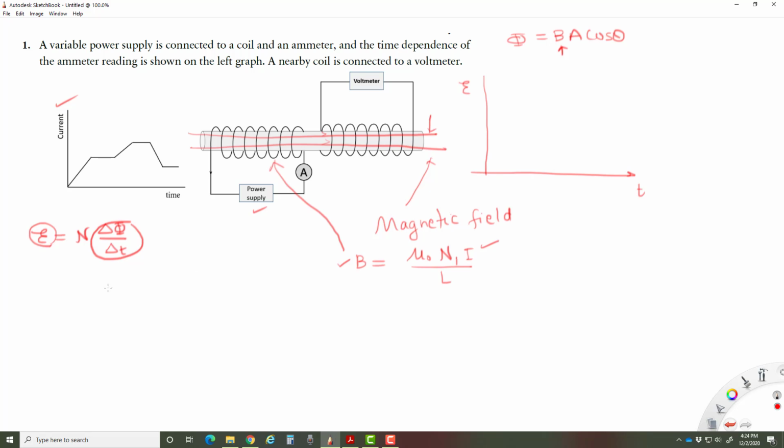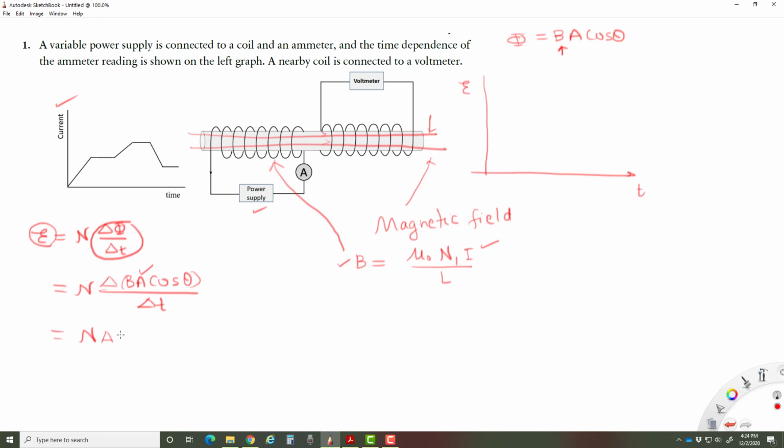So we know that this EMF that is produced in this coil is N times rate of change of flux. This is the rate of change of flux, and the flux is BA cosine theta over delta T, and A is the area of the loop or the coil, so it's constant, it's not changing, and the orientation is also not changing.